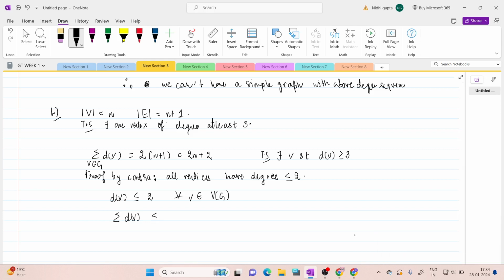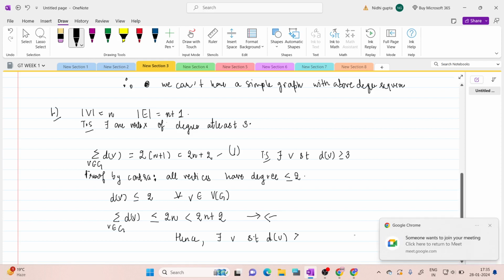So the sum is less than or equal to 2n. But since this graph has n plus 1 edges, the sum of degrees was given to be 2n plus 2, which is not less than or equal to 2n. So we have arrived at a contradiction. Hence there exists a v such that the degree of the vertex is greater than or equal to 3.